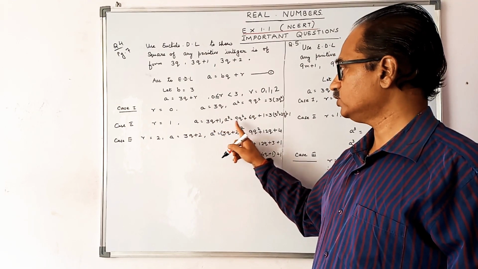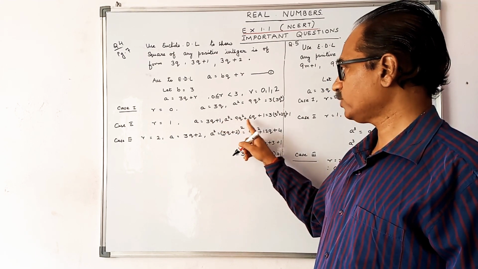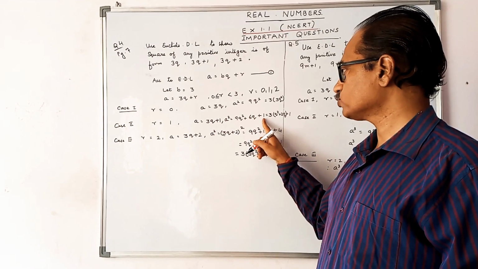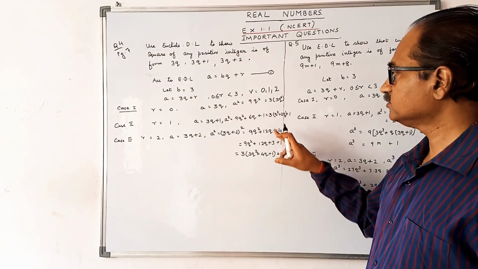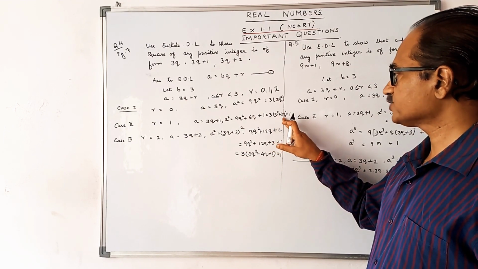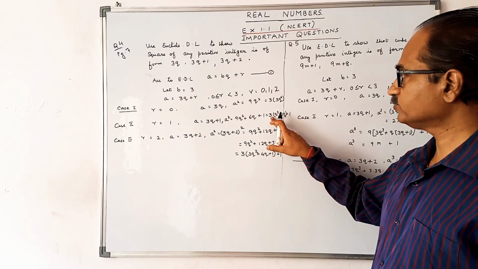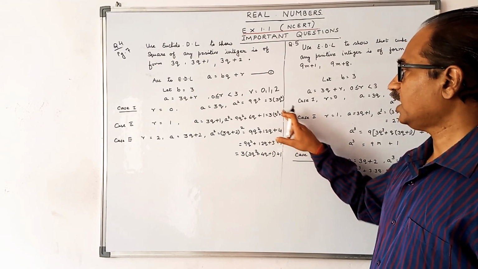So a square is equal to (3q plus 1) square. That is 9q square plus 6q plus 1, using a square plus 2ab plus b square. So among the first 2 terms you see 3 is common. So 3 common, 3q square plus 2q, plus 1. Now this is also of the form 3q plus 1, a multiple of 3 and plus 1.